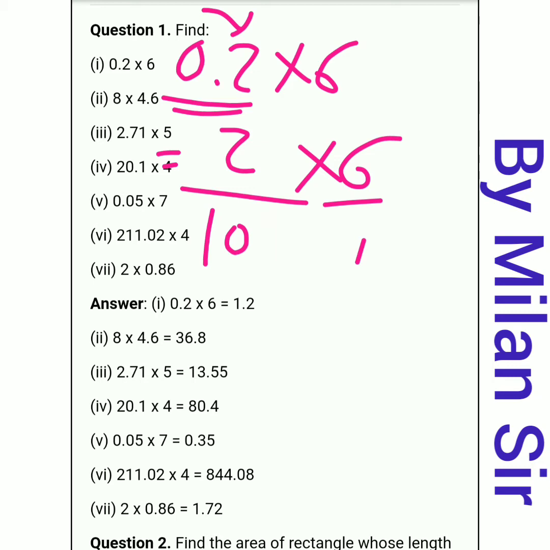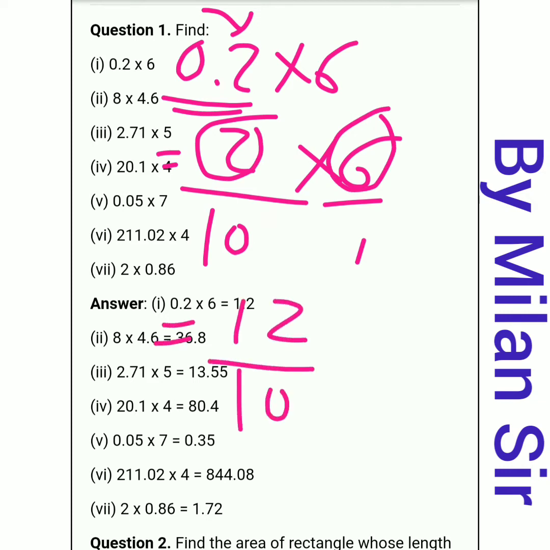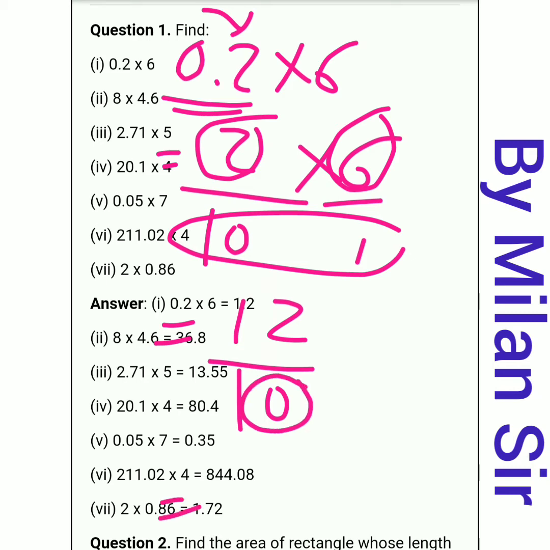Now what we need to do? Multiply the numerators: 6 twos are 12, divided by 10. We multiply numerator versus numerator and denominator versus denominator. In the denominator we have 10, which is 1 followed by one 0. So in the numerator, from the right-hand side, before one digit we need to put the decimal point.